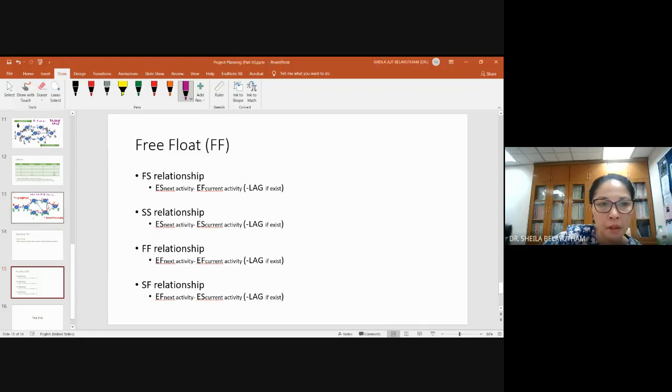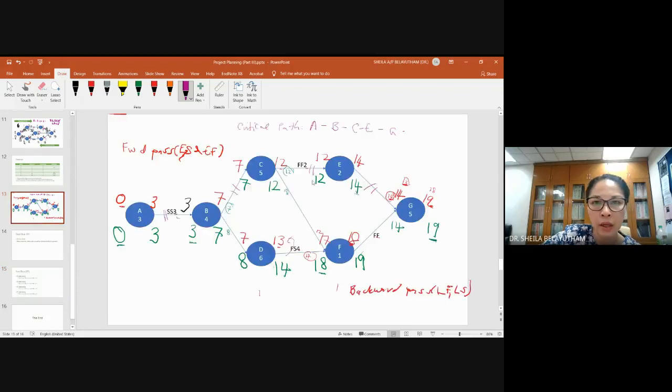So for example, let's say we are talking about the free float between finish to finish here. Free float concerns the time you have between the activities. It has nothing to do with the duration. It has to do with the relationship.